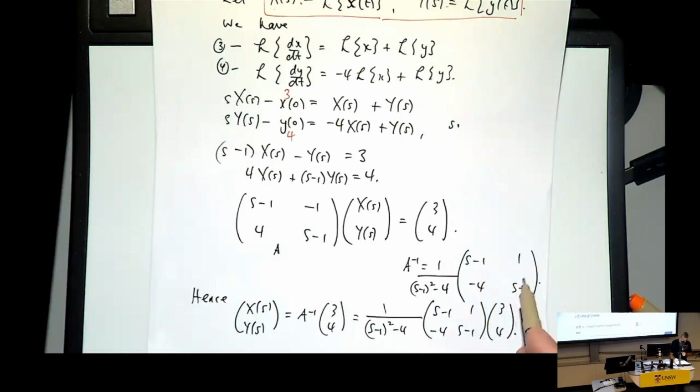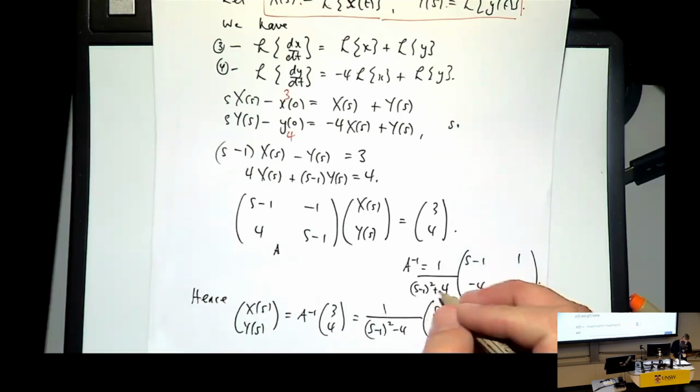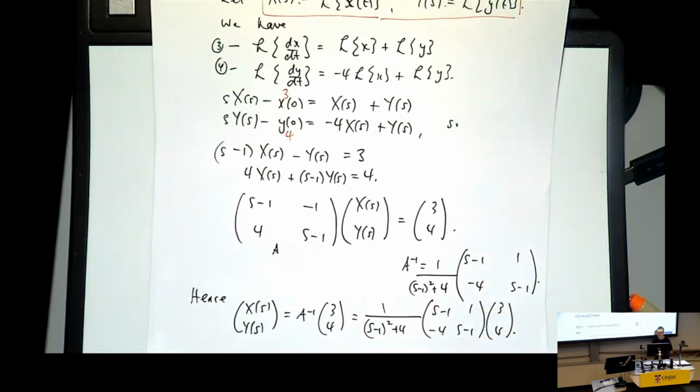That times that minus, plus. Yep. So that's it. Right? That is it. And so you can expand this out, and you're going to get something like this.